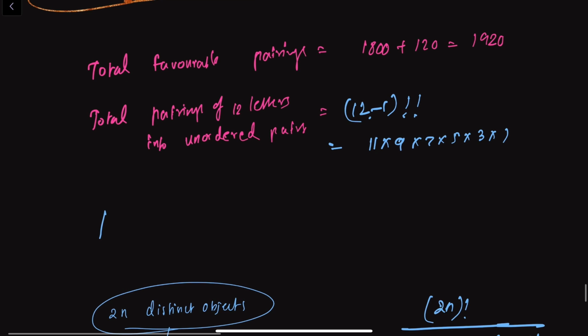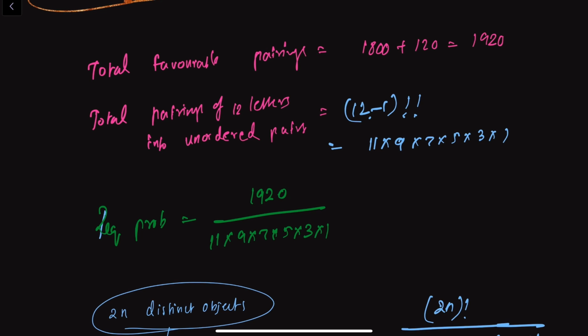So our required probability would be 1920 by 11 into 9 into 7 into 5 into 3 into 1. We can see the denominator is divisible by 3 and by 5 as well, so it is divisible by 15. It's not divisible by 7.